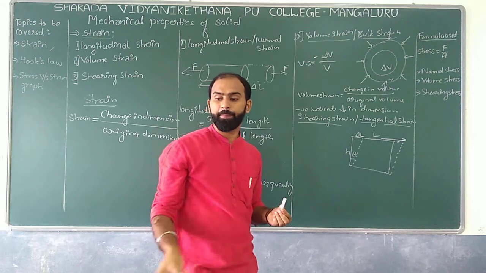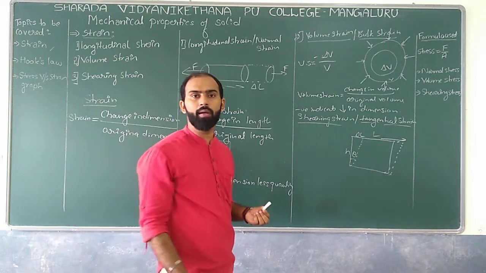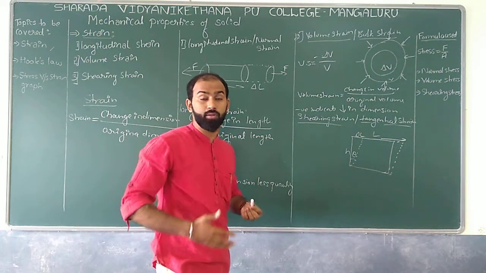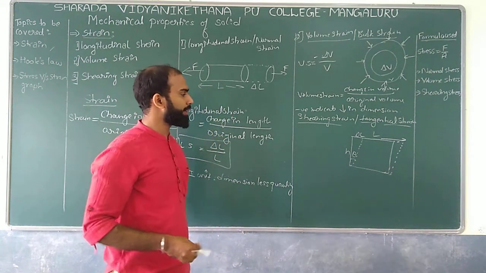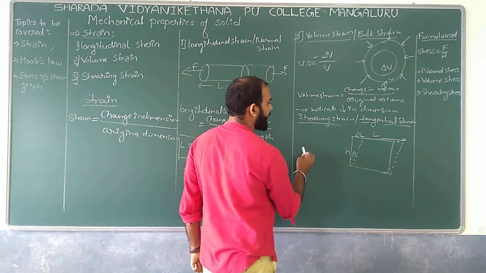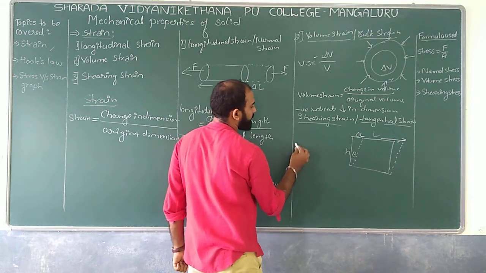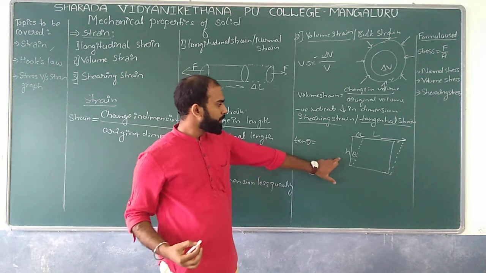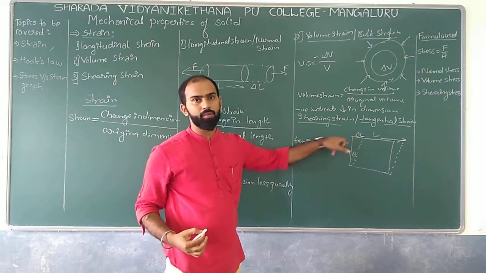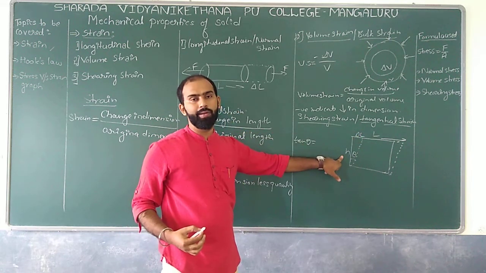So how do we define shearing strain over here? It's very simple. With respect to the angle, I can take the tan function, because opposite as well as adjacent come into the picture.